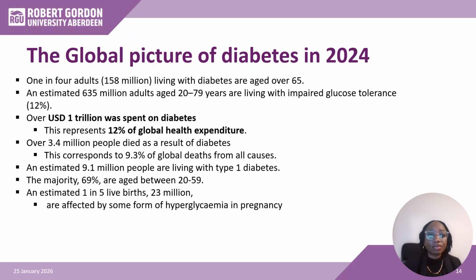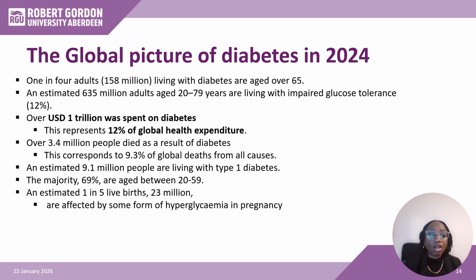Okay, so when we look at the global picture, we said 1 in 4 adults are living with diabetes, and these have been shown to be aged over 65, and it's estimated that over 600 million have impaired glucose tolerance. So they're not quite diabetic, but they already have some impairment in their glucose in the body.